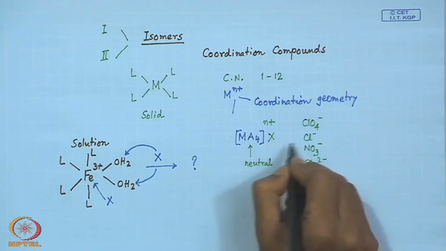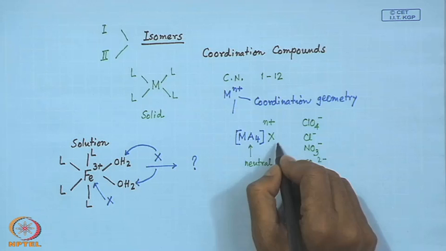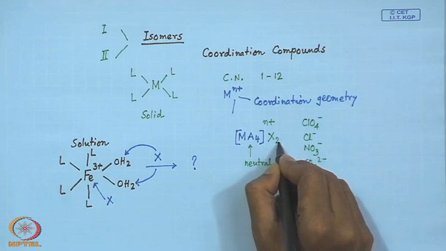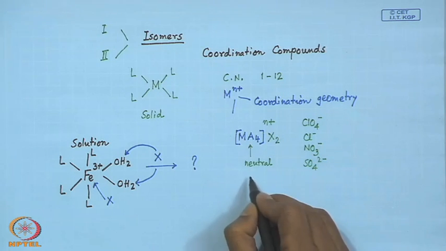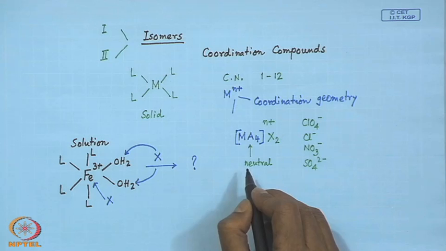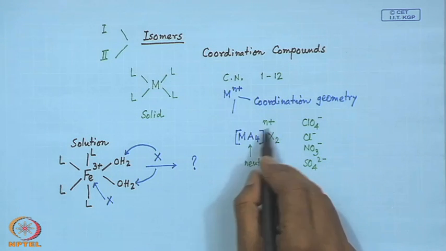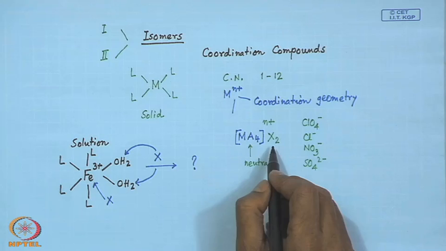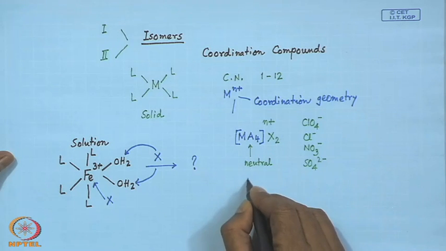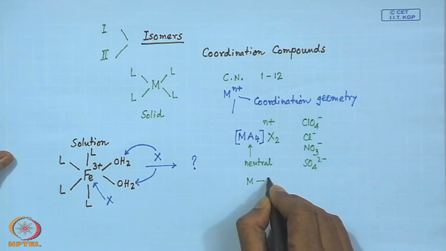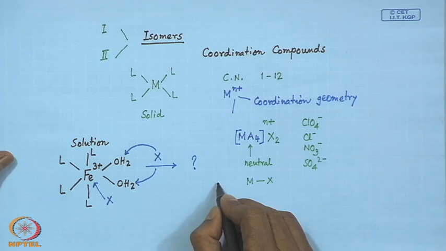So, if X is chloride or nitrate, that means mononegative, or perchlorate, then it is 2 if n is equal to 2. That means, when they are present, X is always outside the coordination sphere and we do not have any corresponding MX bond.